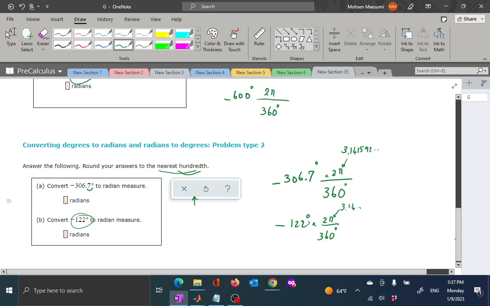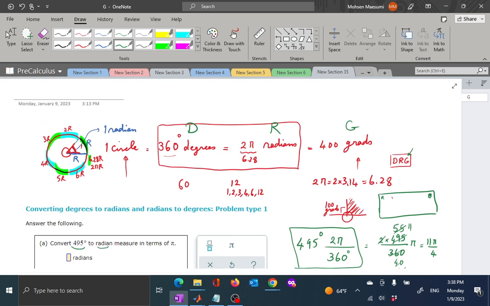You don't know what the next number is. If you don't know what the next number is, you have to be careful that when you are producing an answer, you don't project too much precision in it. And so you are going to learn about number of significant digits in your physics classes. We don't deal with that in math classes, but it's something that I just wanted to bring up.